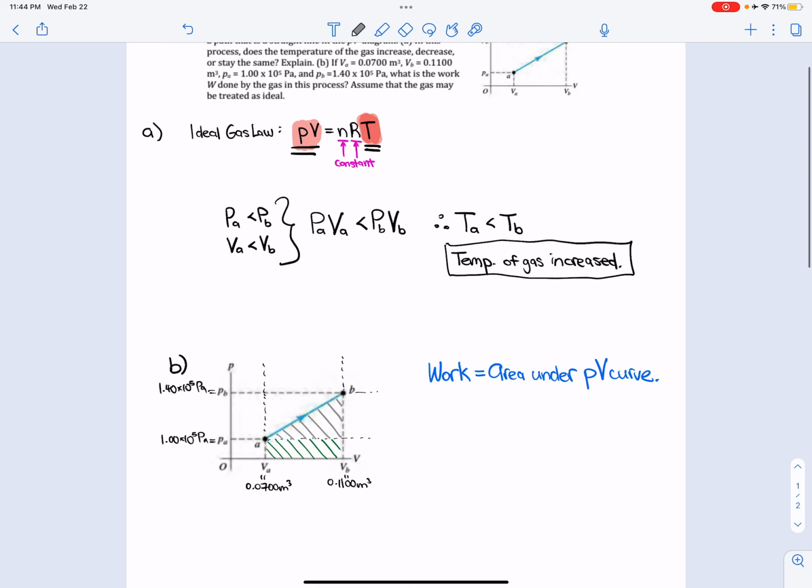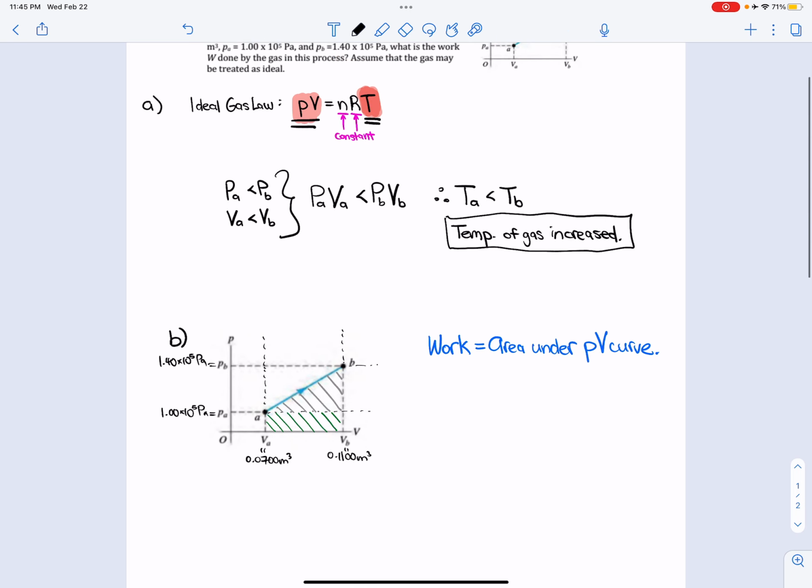Right, so for part B, if volume A is 0.07 cubic meters, volume B is 0.11 cubic meters, pressure at state A is 1 times 10 to the 5th pascal, and pressure at state B is 1.4 times 10 to the 5th pascal, what is the work done by the gas in this process? Also assume the gas is ideal, right?